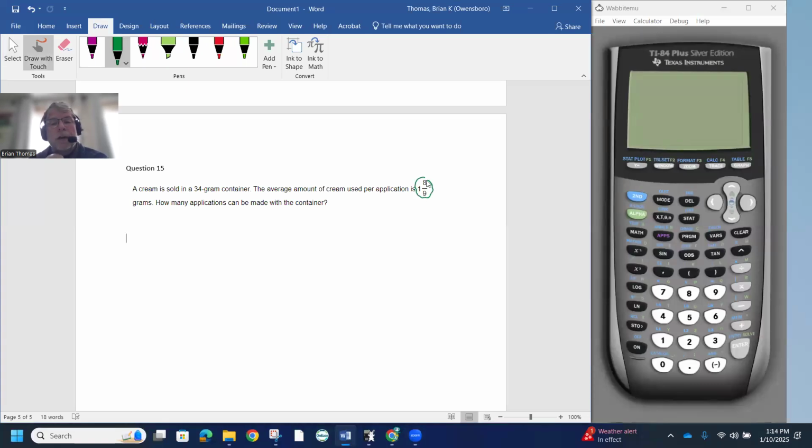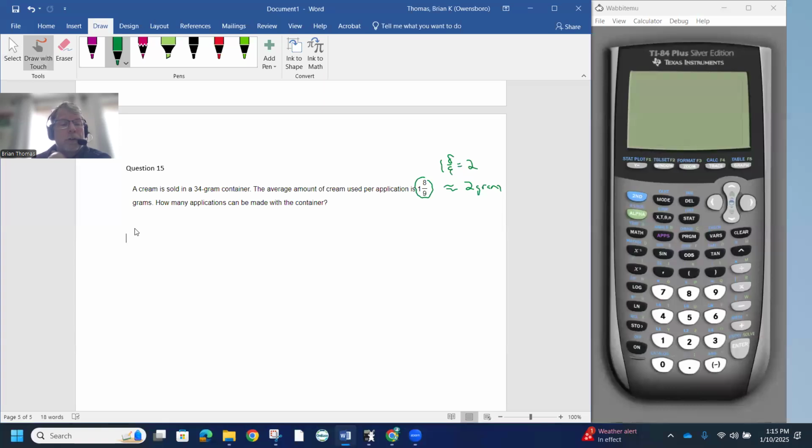Well, I know that 8/9 is close to a whole, so 1 and 8/9 is really close to 2. So if I'm using estimation, each application takes approximately 2 grams. If I have a 34-gram container, how many times can I apply 2 grams?